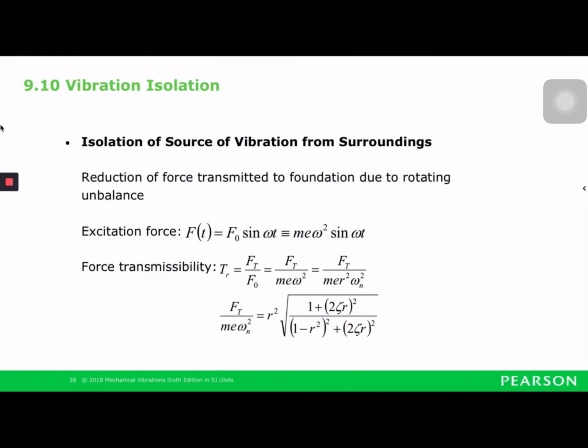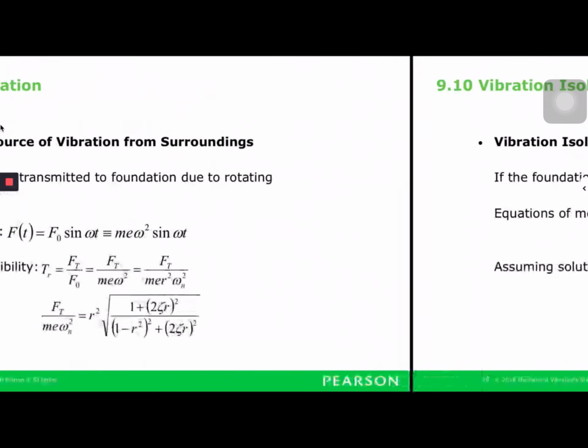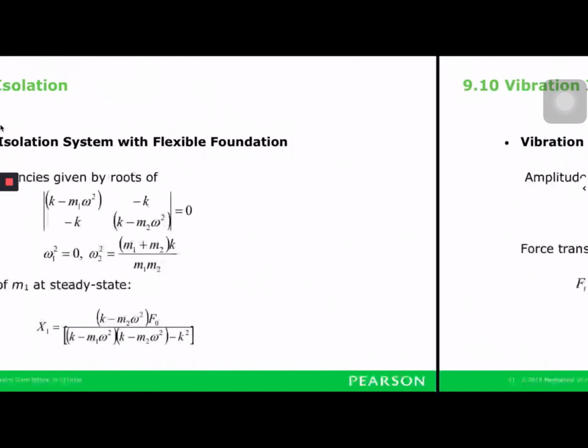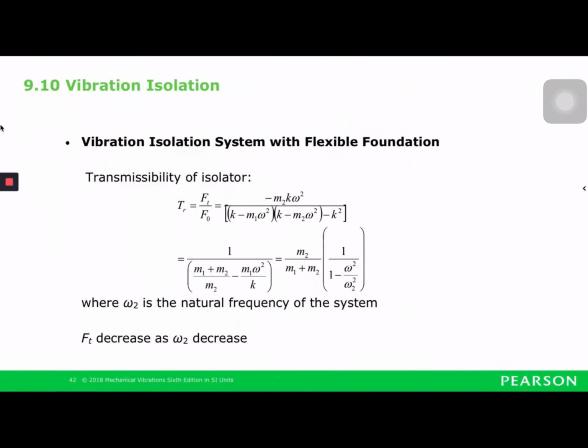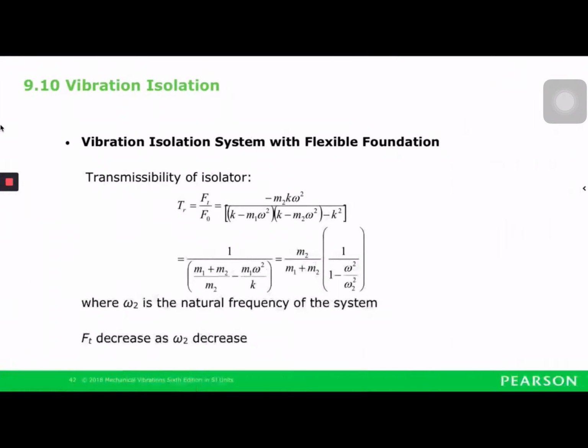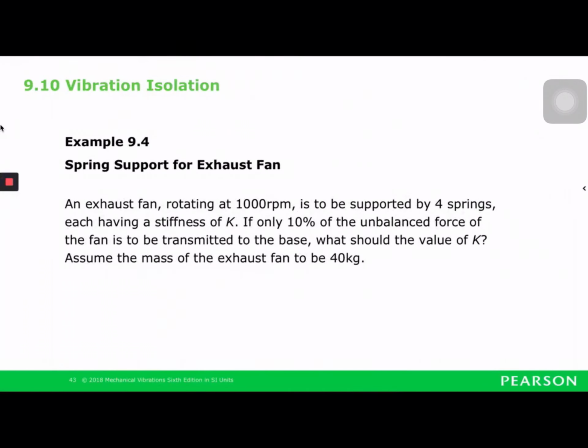If you want to isolate, including the noise of the vibration source from the surroundings, we can use these equations. If you want to isolate a system with a flexible foundation, you can just read this one, but I'll skip that one.